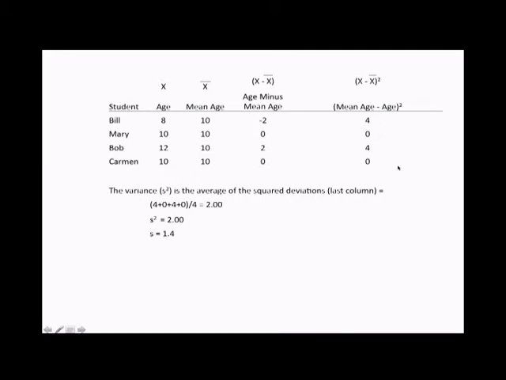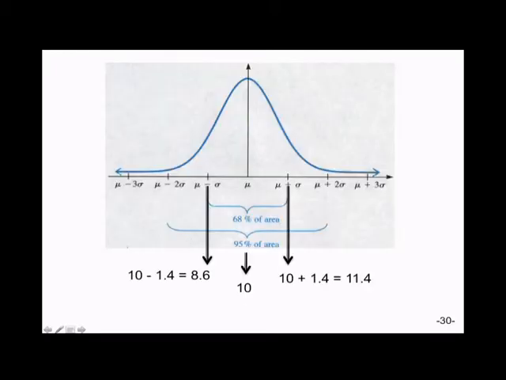We add up all of those squared differences. 4 plus 0 plus 4 plus 0 is 8. We divide by the number of scores, the number of squared differences. 8 divided by 4 is 2. So our S squared, our variance is 2. Our standard deviation is the square root of that, which is 1.4.